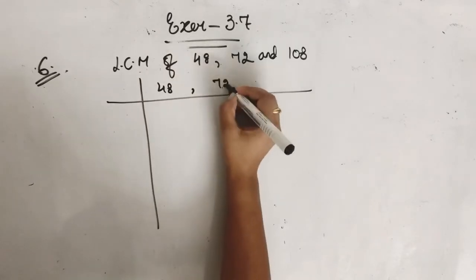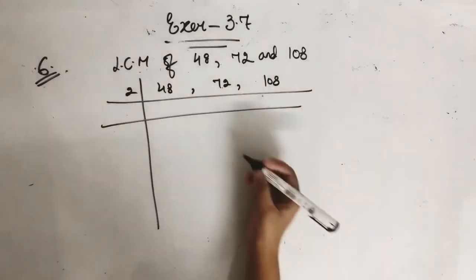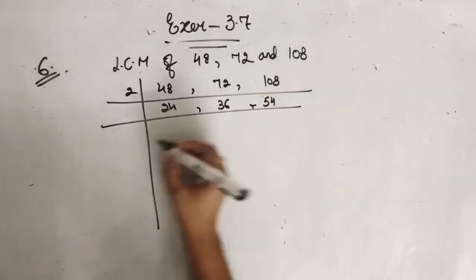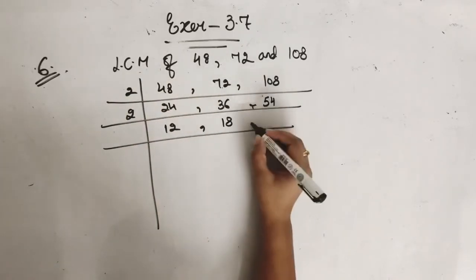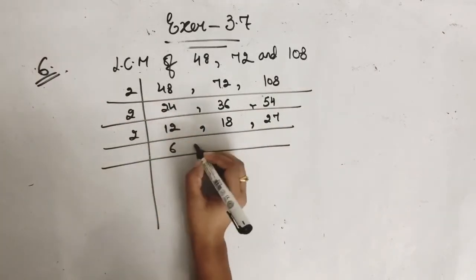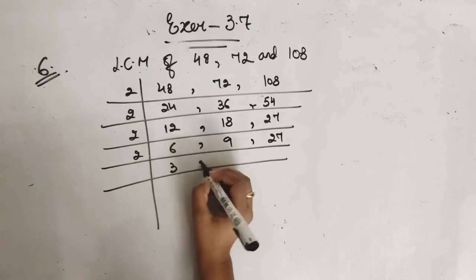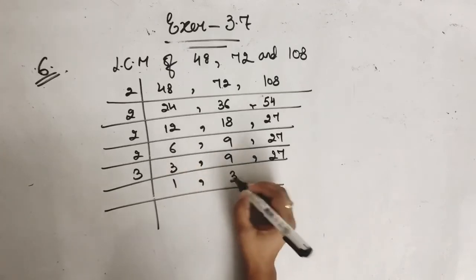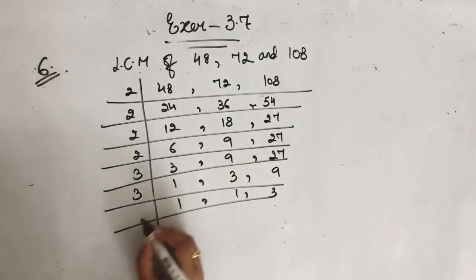48, 72, 108. We'll start from 2. 24, 36, 54. 12, 18, 27. 6, 9, 27. 3, 9, 27. 1, 3, 9. 1, 3.